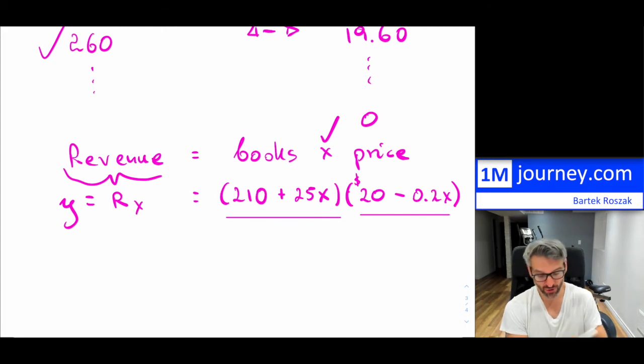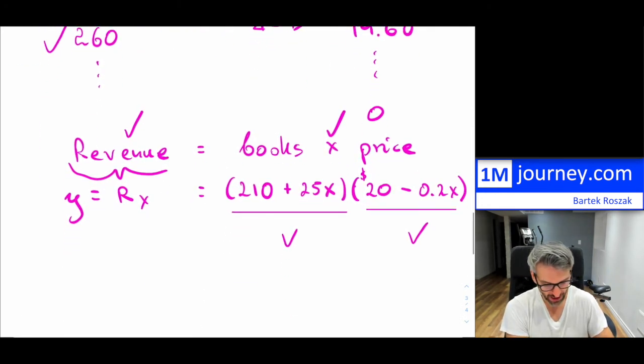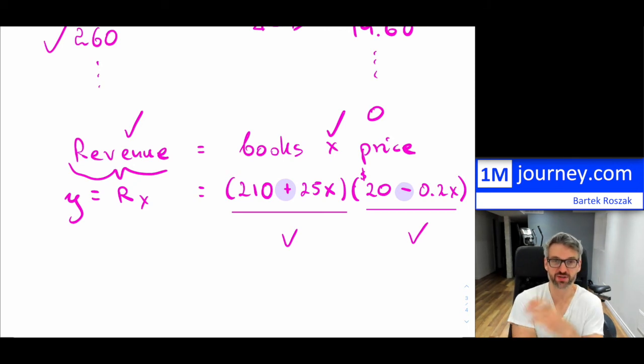Our goal ultimately is to maximize this. Notice that this one is positive, this one is negative. Now the X is second, typically we keep it first. So we would have typically written it as 25X plus 210, and so on.